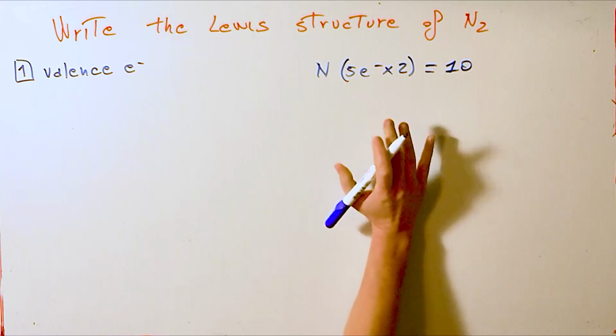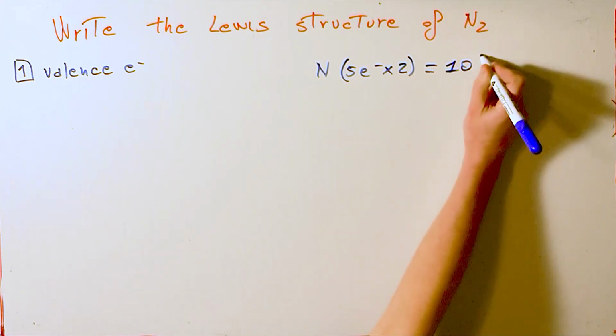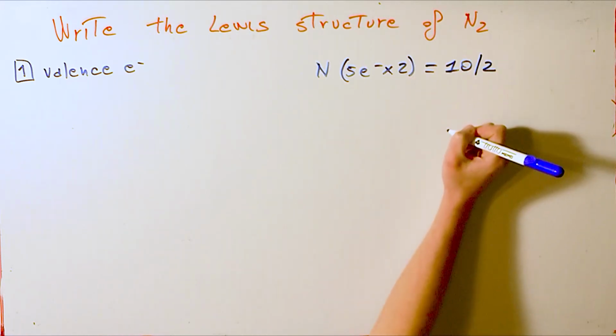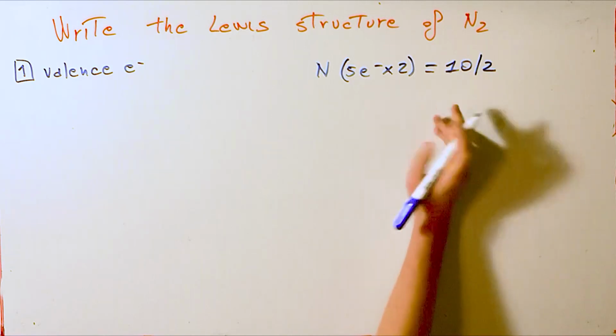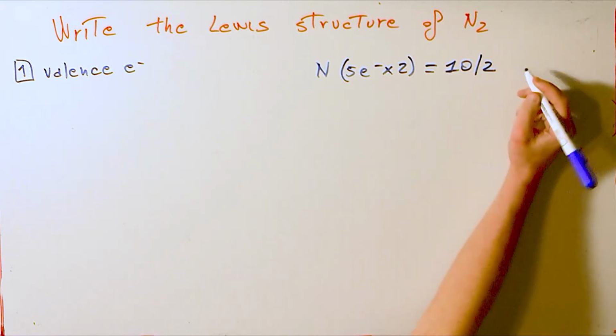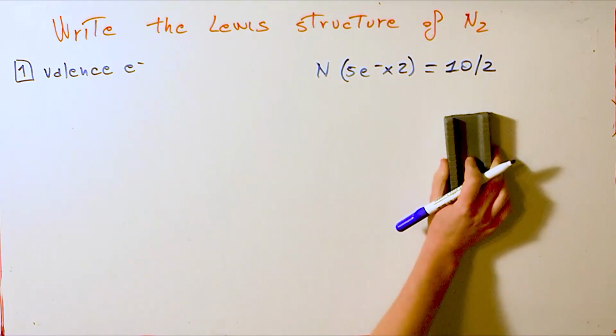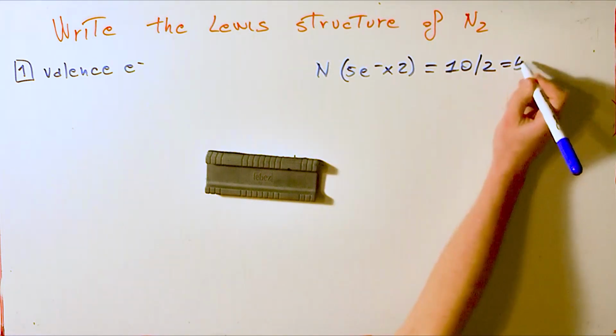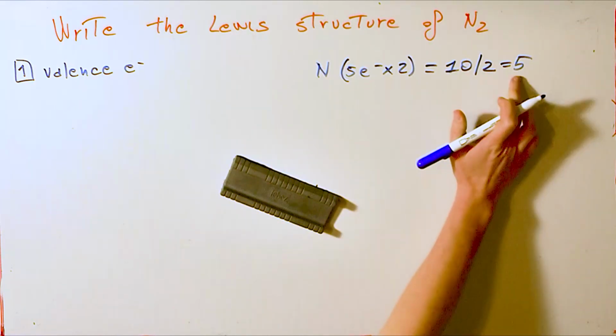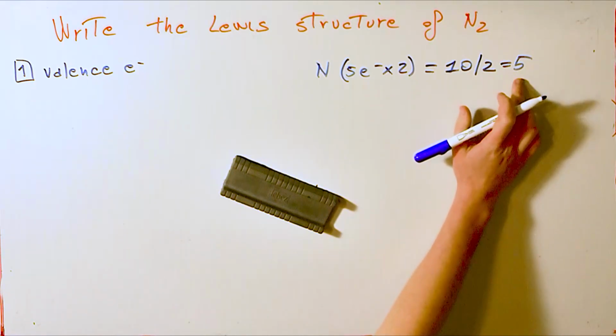So 10 are the valence electrons, but it's better to divide this 10 by 2 in order to obtain the pairs of electrons instead of electrons. This will help us to deal directly with pairs. So this will be equal to 5. So 5 are the valence pairs of electrons.